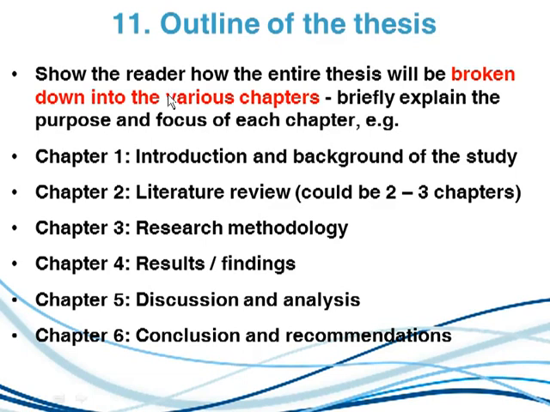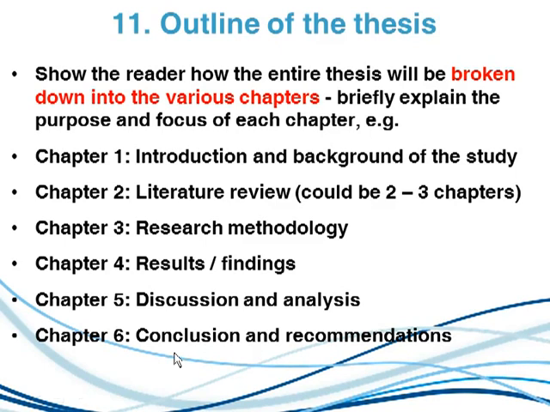So the outline of the thesis: now you need to break it down into the different chapters of your thesis in this proposal. So you would say chapter 1 is the introduction and background, chapter 2 the literature review, but you could have 2 or 3 literature review chapters. It just depends on how your thesis is put together. Your research methodology is usually chapter 3, chapter 4 results and findings, chapter 5 discussion and analysis, chapter 6 conclusions and recommendations.